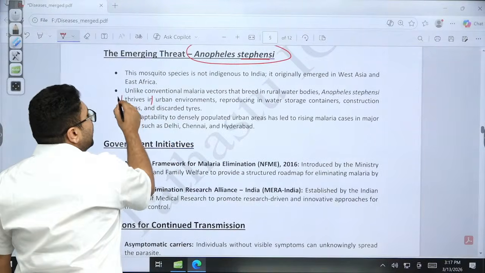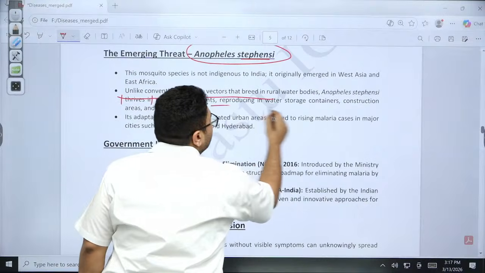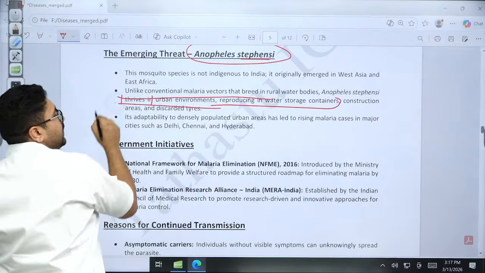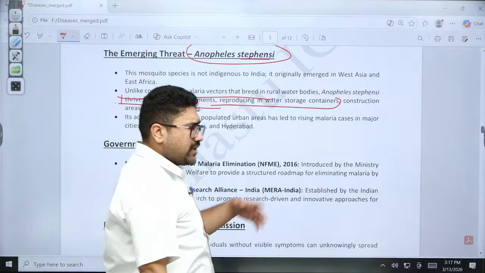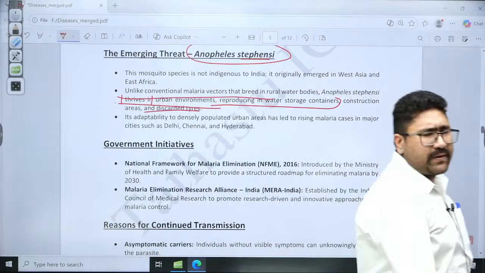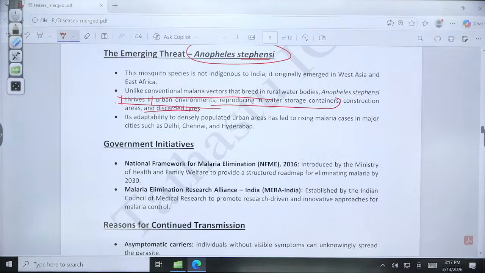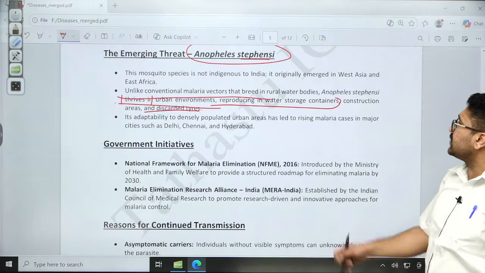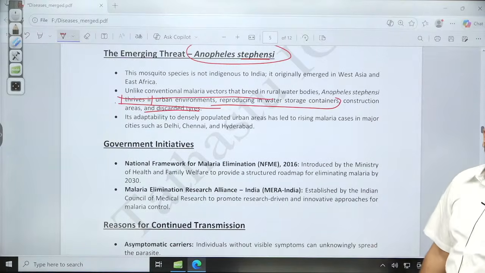They have learned to thrive in urban environments and reproduce in water storage containers and standing fresh water present in urban areas, such as coolers, pots of the plants, the construction areas, and all such areas.